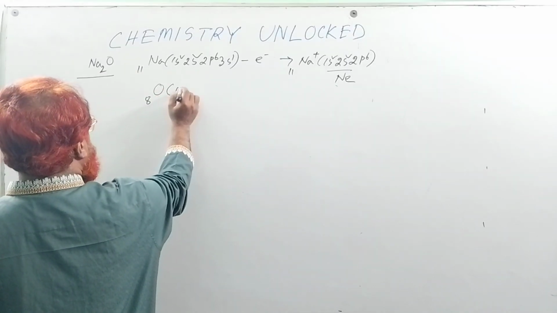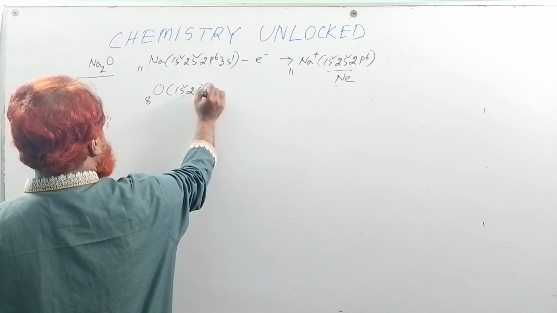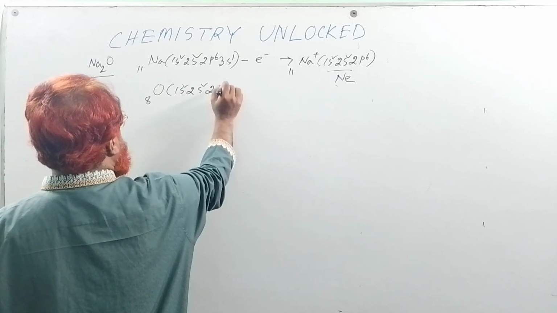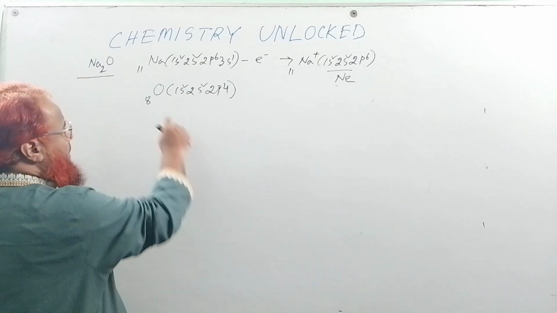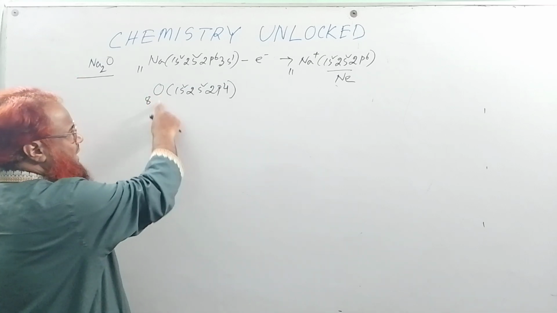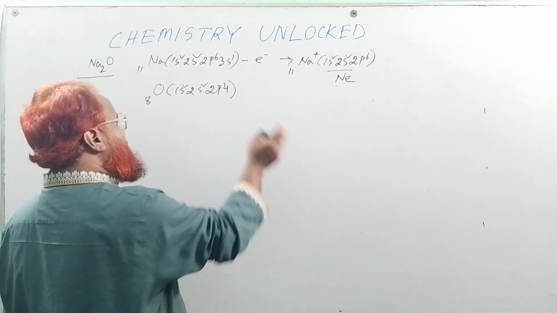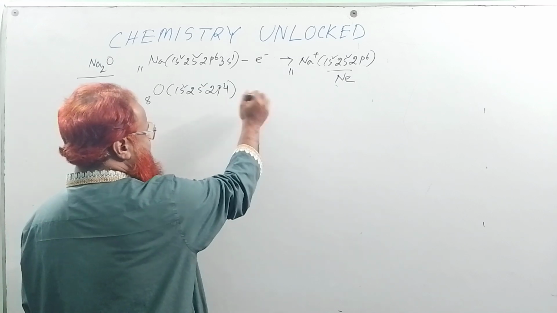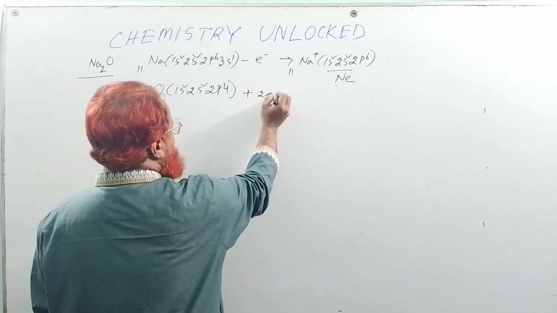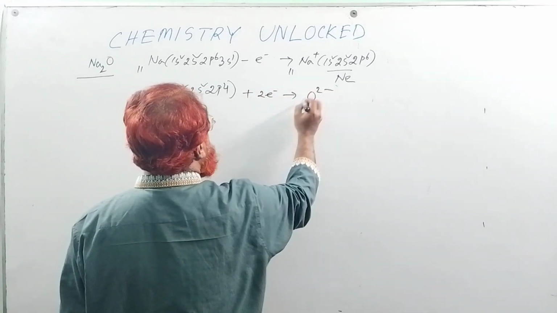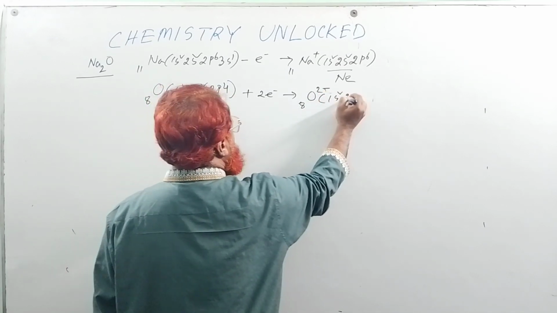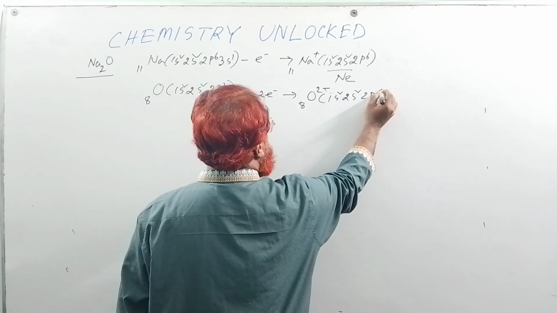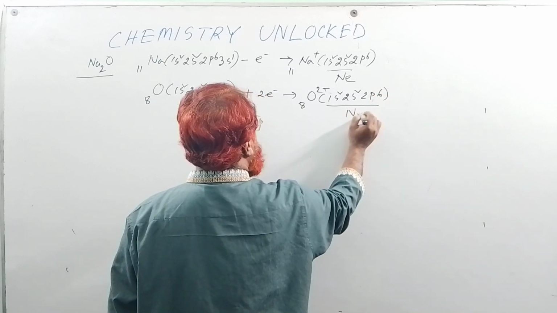Oxygen, 1s2, 2s2, 2p4. Look at here, my dear student. The oxygen atom requires 2 more electrons to make the 2p4 into 2p6. So with the addition of 2 electrons, it becomes oxide like this. 1s2, 2s2, and 2p6, similar to the electronic configuration of neon.